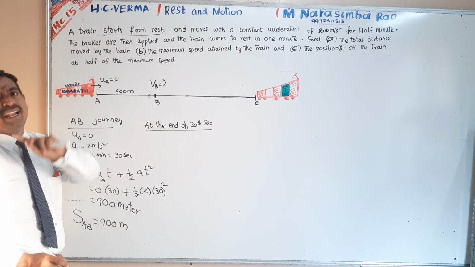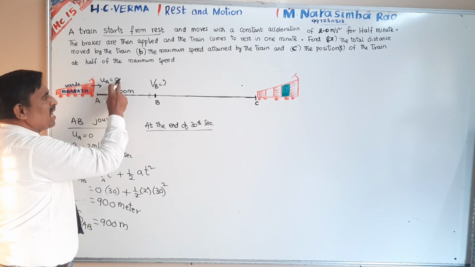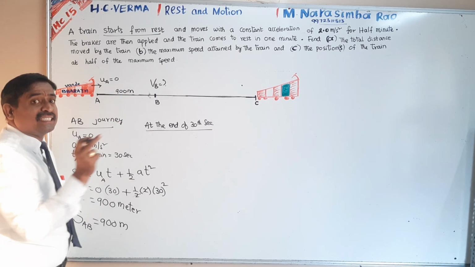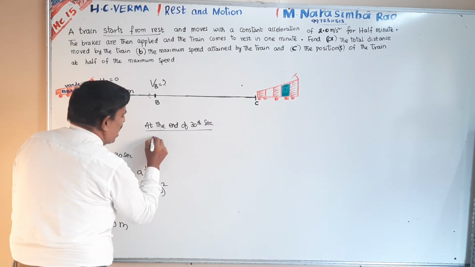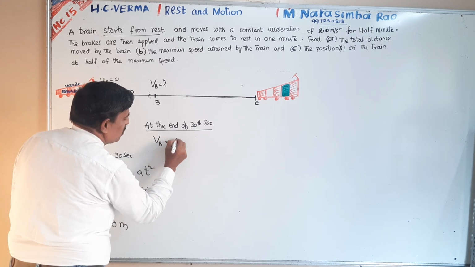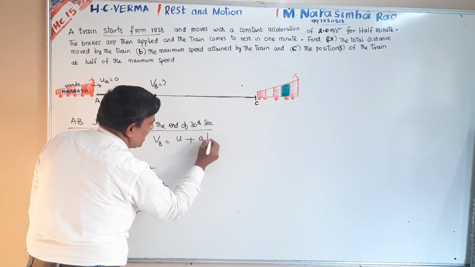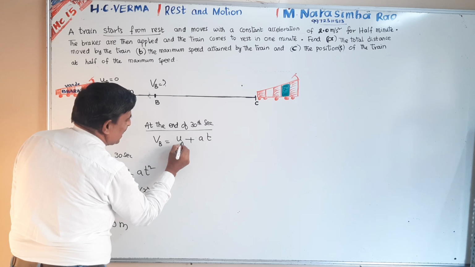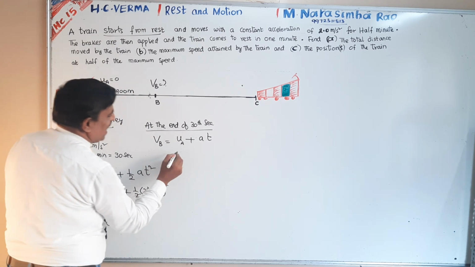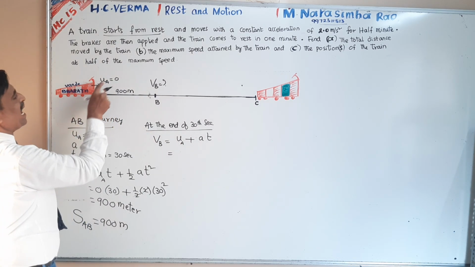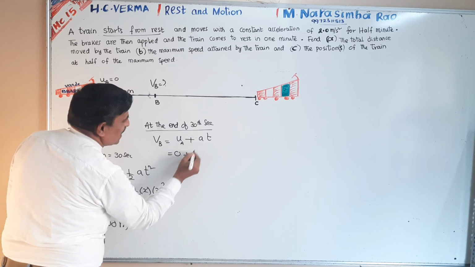Initial velocity is 0. At this point, the velocity is the final velocity. Final velocity is equal to U plus AT. Initial velocity at A is 0, starting from rest.